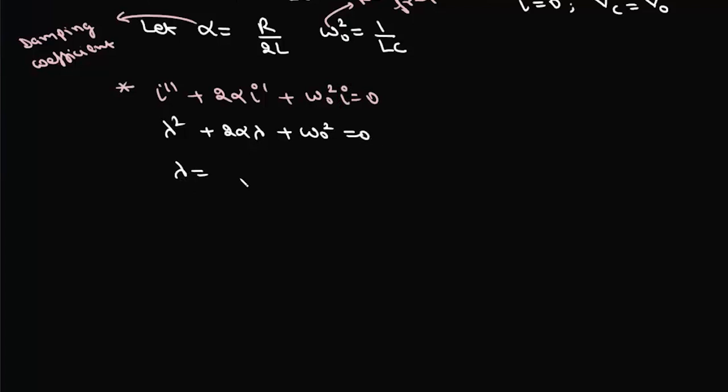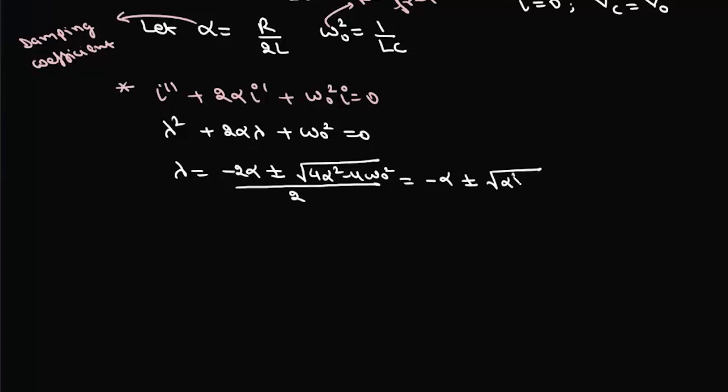So from here we can write lambda equals minus 2 alpha plus minus under root of 4 alpha square minus 4 omega naught square upon 2, which is minus alpha plus minus under root of alpha square minus omega naught square. Now since this is a quadratic equation, we'll again have three cases.